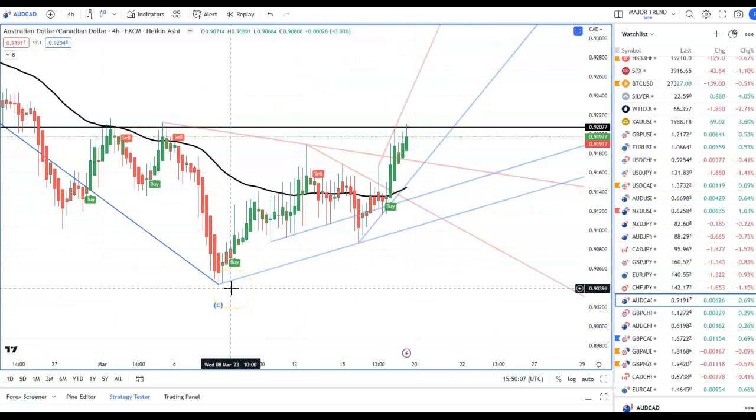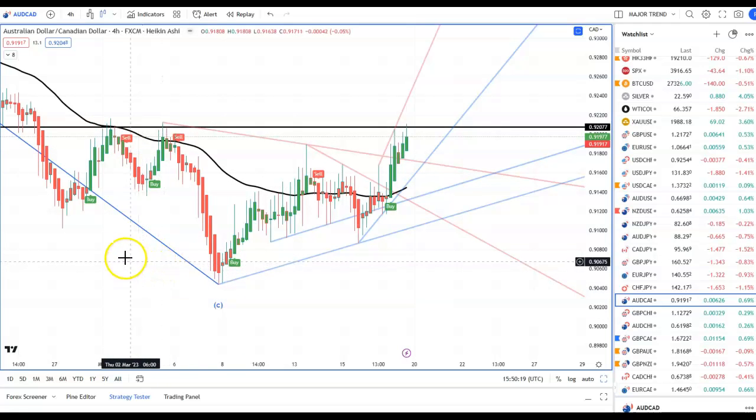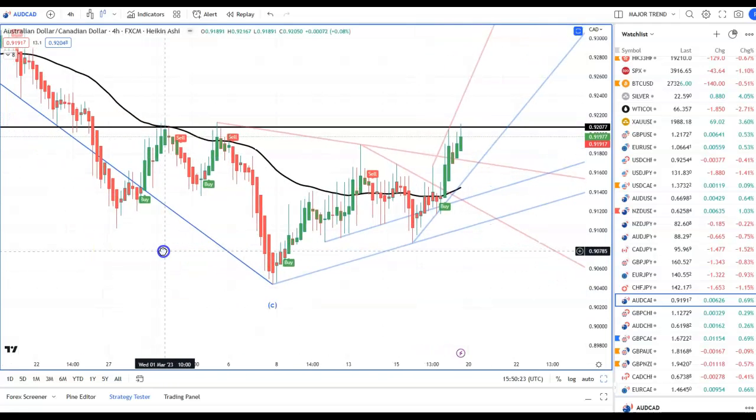I mentioned earlier the 8 waves. If you remember, we want to trade the 4, the B and the C. So this is the Aussie Canadian, and there was an opportunity to trade the C, which is the last formation of the 8 waves. So once it gets to a C position, this tends to reverse back into where the B was, if you like.